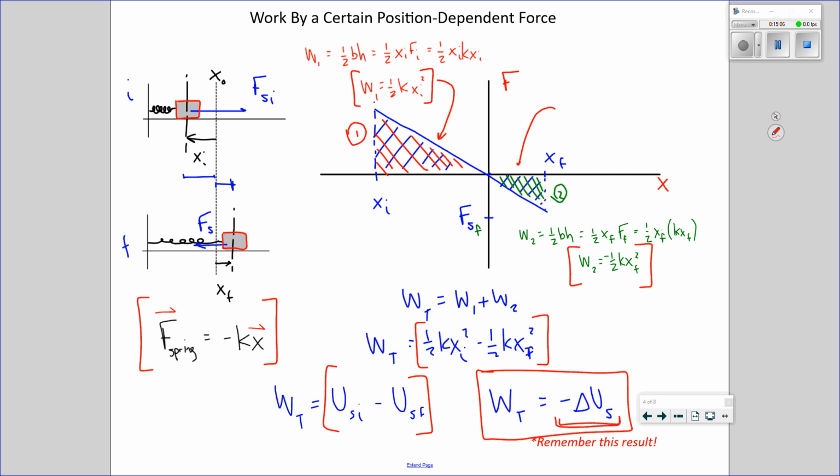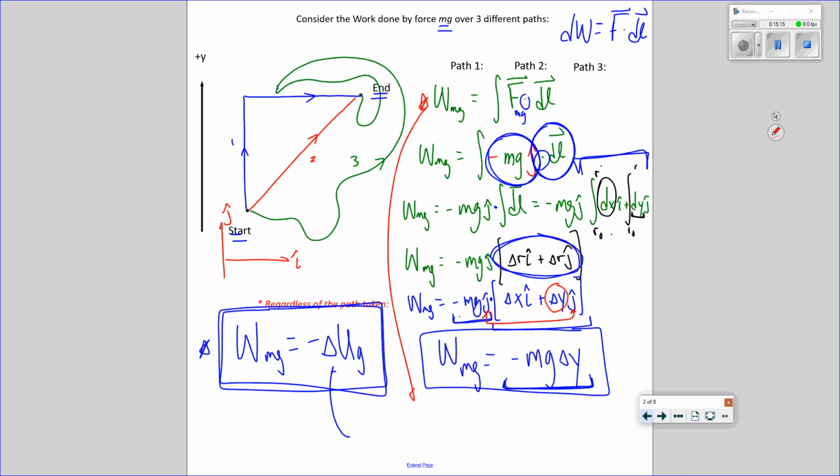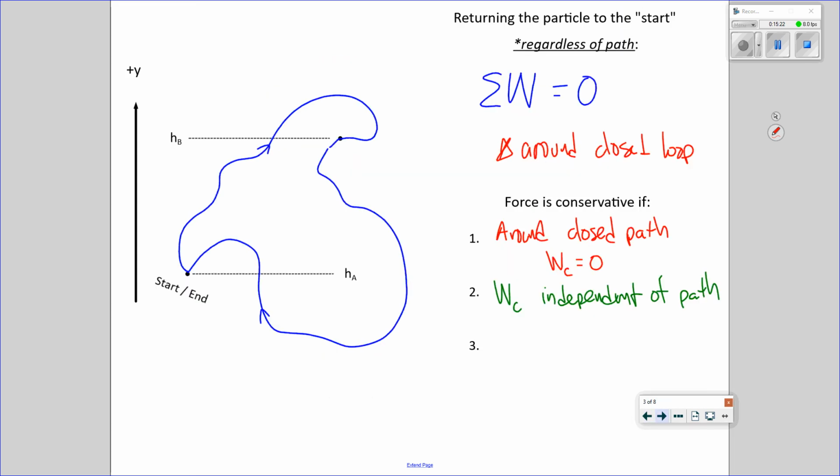And look at the property that they share: the work done by the spring force is equivalent to a decrease in potential energy. The work done by a gravitational force is equivalent to a decrease in potential energy. So that is a by-definition statement about conservative forces, right? Work done by a conservative force is equivalent to the decrease in potential energy of the system upon which that force acts.